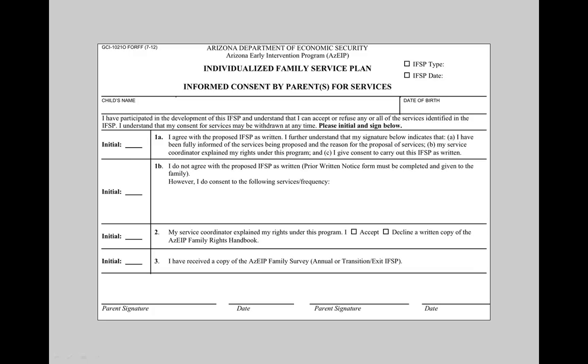The Informed Consent by Parents for Services page has no significant changes. A minor change was made to box number 2, where the option to circle either to accept or decline the AzEIP Procedural Safeguards for Families booklet has been changed to checkboxes.